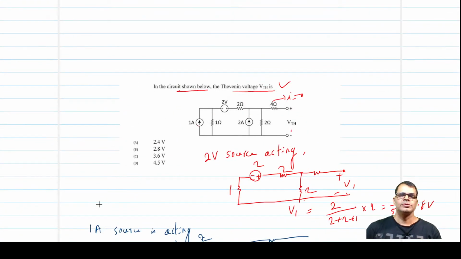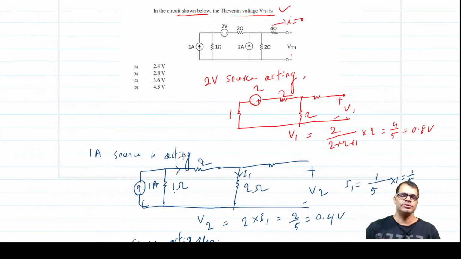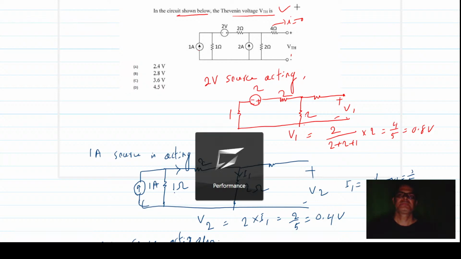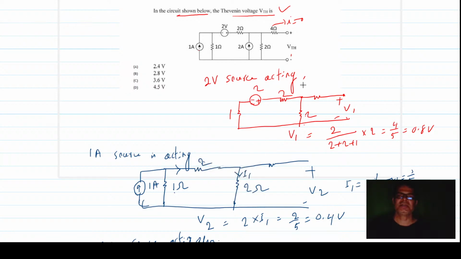Okay, so it is clearly seen that you should apply the superposition theorem to find the Thevenin voltage easily. This is really a 1 mark question, right? So don't worry, the power has gone, you may not see me, but you will definitely study it, not an issue.